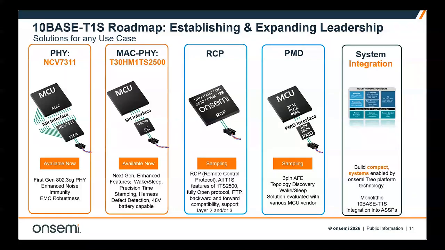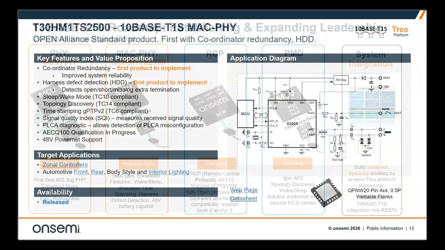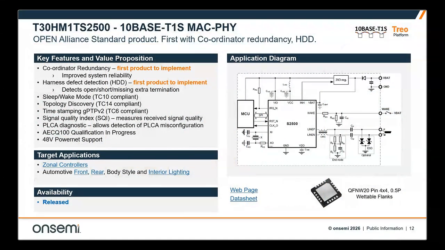The upcoming PMD devices offer a minimal 3-pin analog front-end footprint with topology discovery and sleep and wake. All of these are built on the onsemi Trio platform, which is a clear path toward monolithic 10BASE-T1S integration directly into an ASSP. The 7311 and 2500 are already available now, with the RCP and the PMD sampling already.